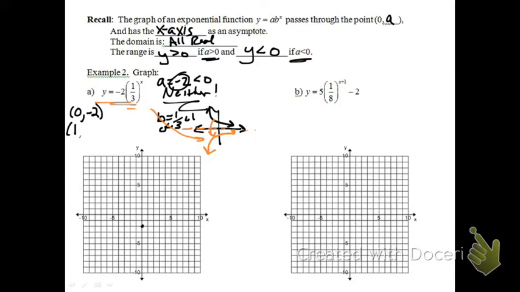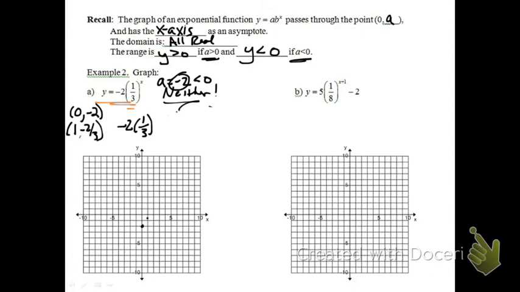I'm going to erase some of this stuff that I had done before. If we plug in 1, this would be -2 times 1/3, which is -2/3, which is about -0.7 if we round to one decimal place.